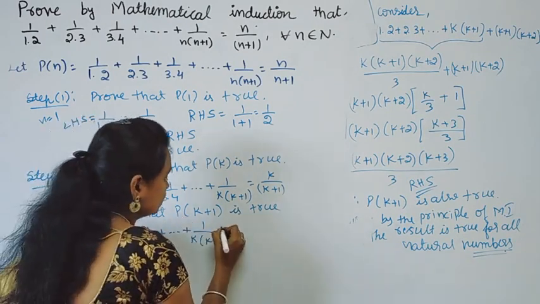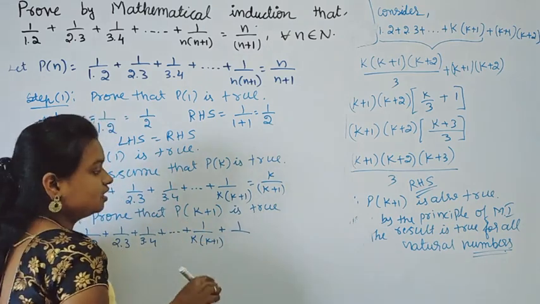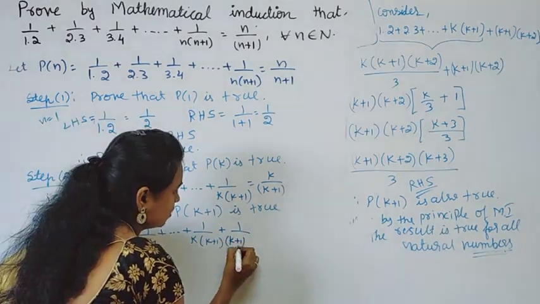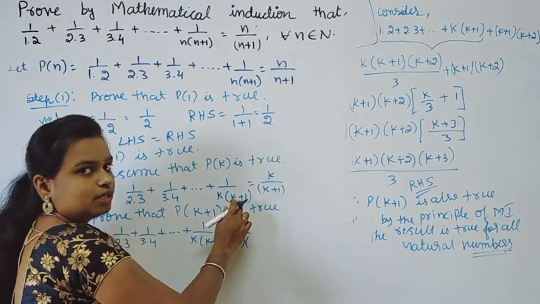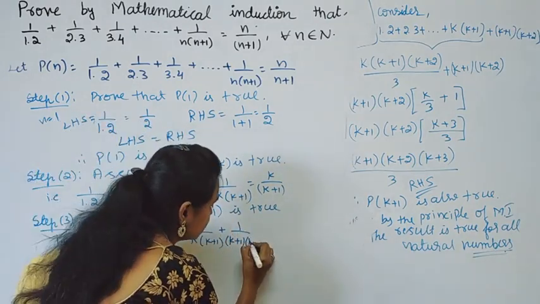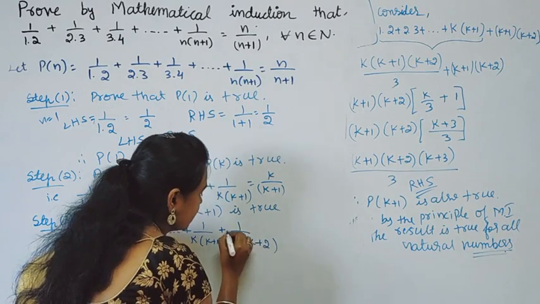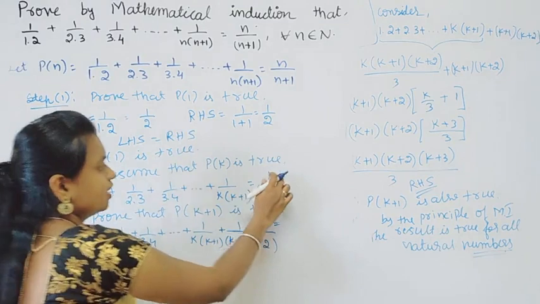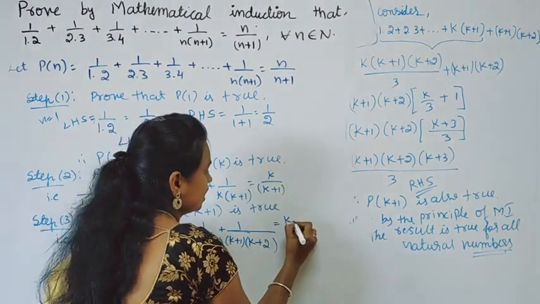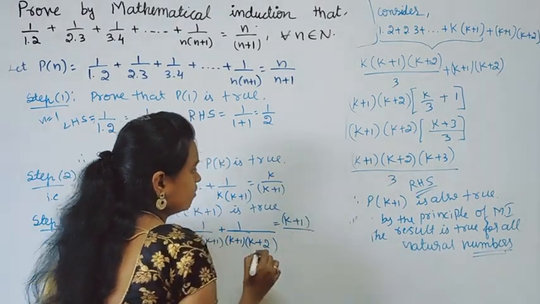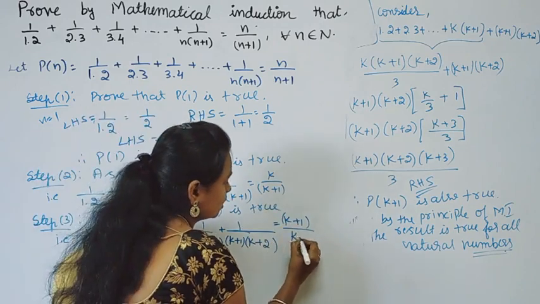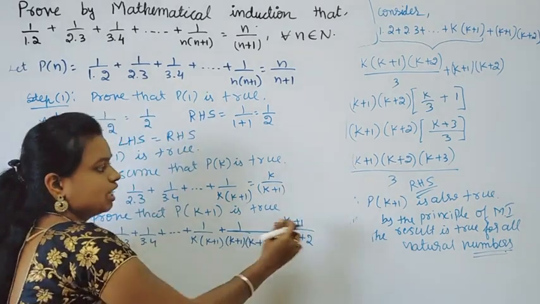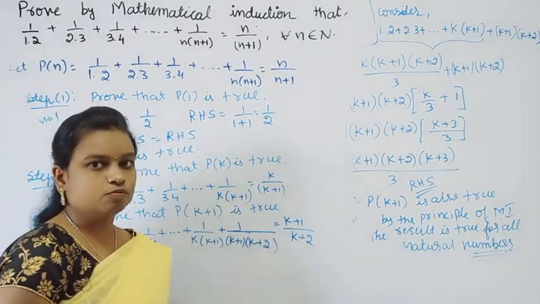So the next term, the k plus 1th term, we put k equal to k plus 1, so k plus 1 becomes k plus 1 plus 1, that is k plus 2. RHS also, k becomes k plus 1, divided by k plus 2. So we have to prove this is equal to k plus 1 divided by k plus 2.